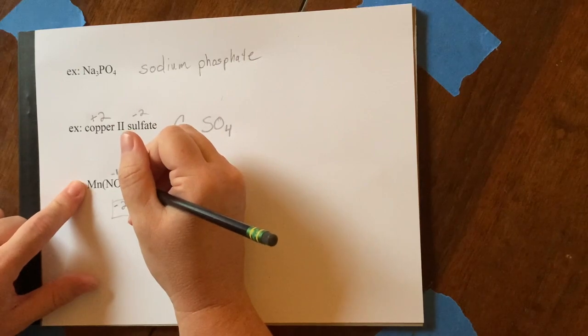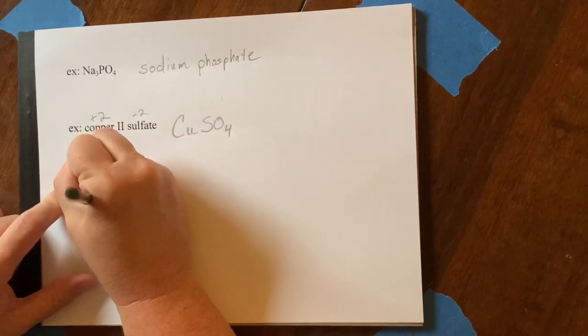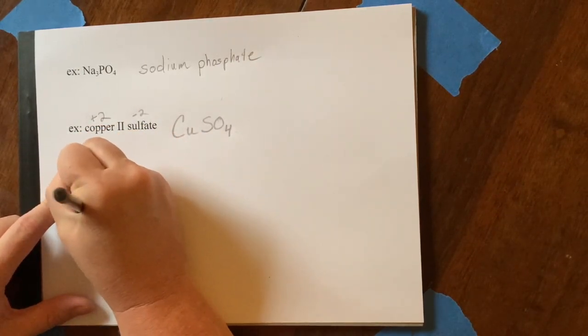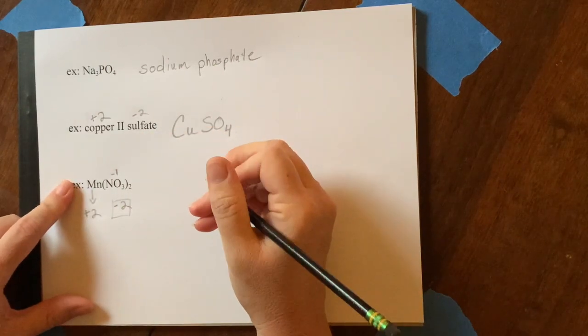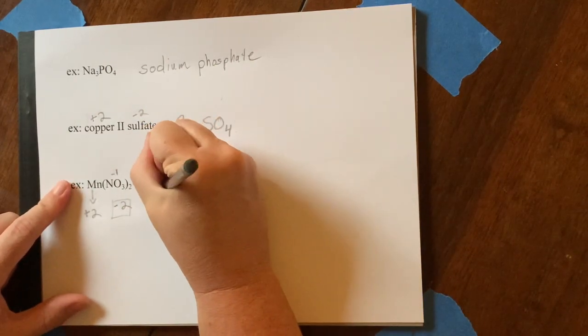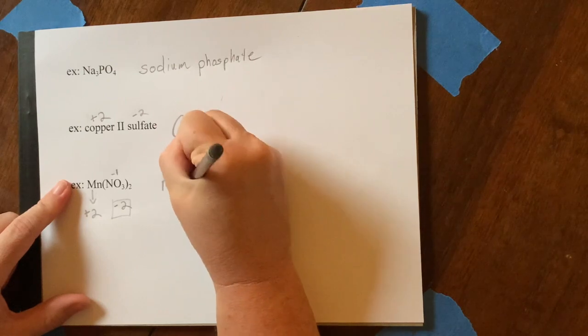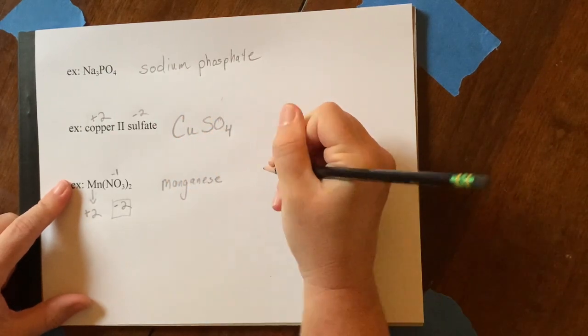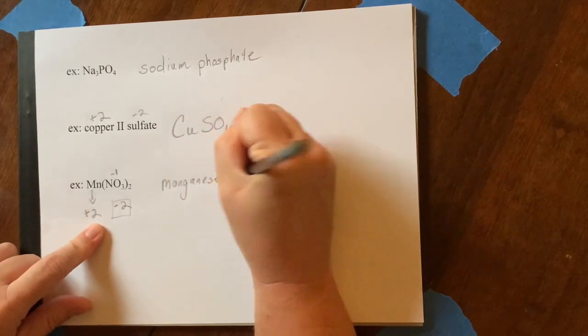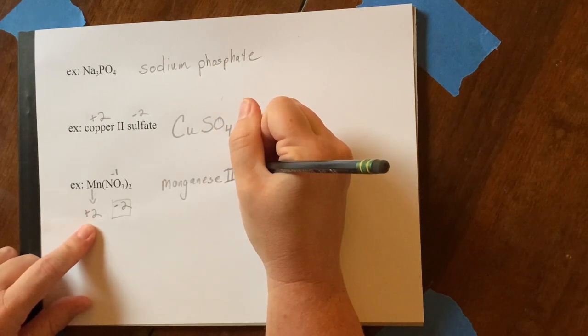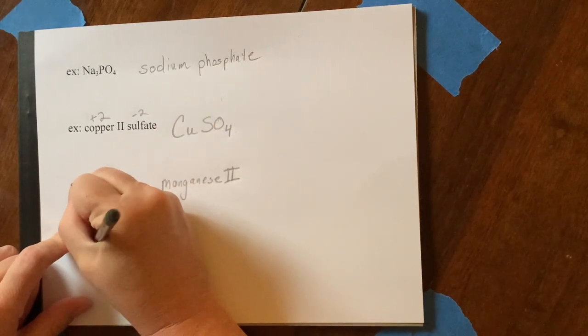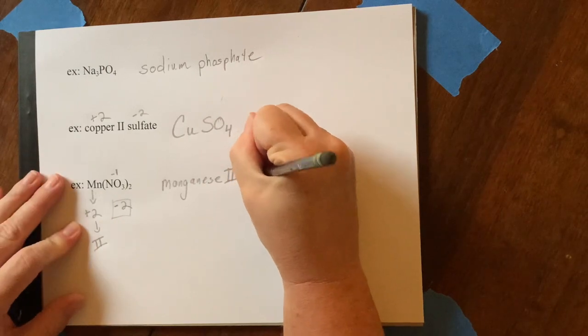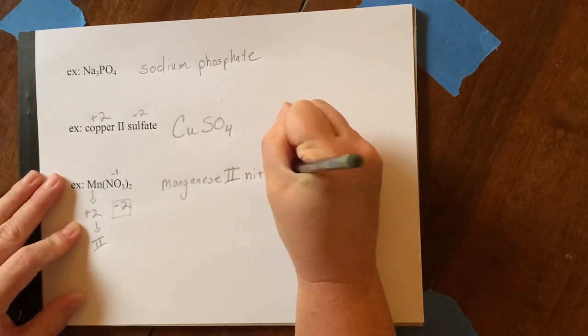I only have a single manganese, which means that manganese has to balance out that charge, so it's gonna be +2, all right? So here's my name, manganese, Roman numeral 2, because that's the charge. And then I just write the word nitrate.